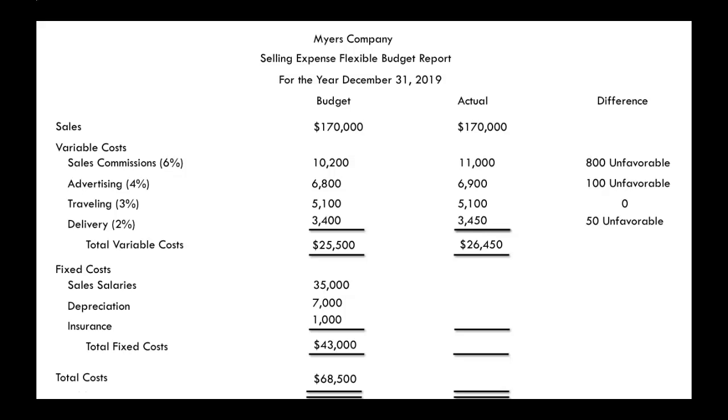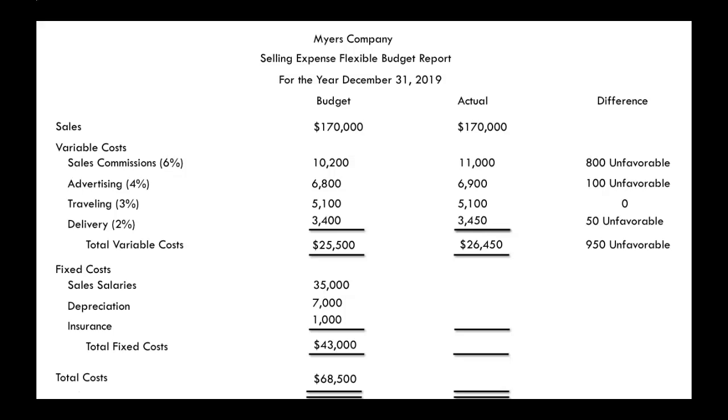If we think back to when we did those variances at the beginning of this review, if they're all unfavorable or if they're all favorable, they're all the same sign, right? So if they're all the same sign, we can just add those together and we find it to be 950 unfavorable.